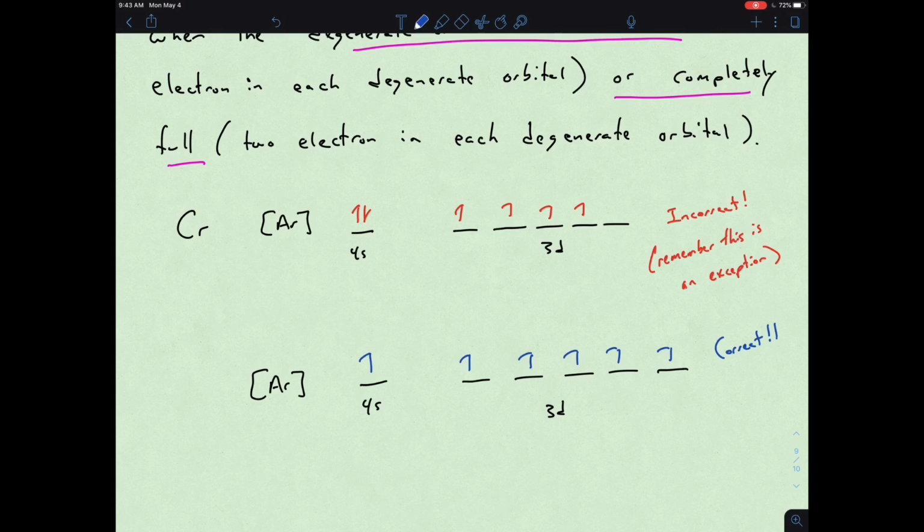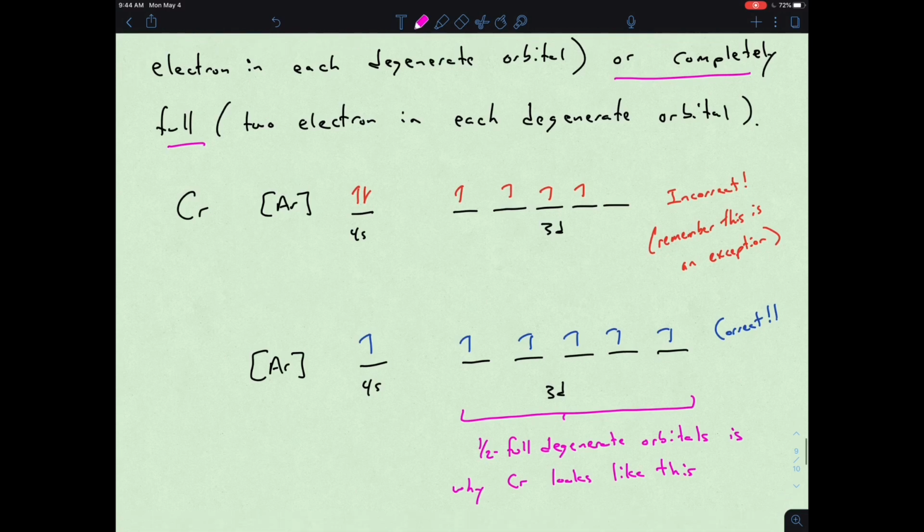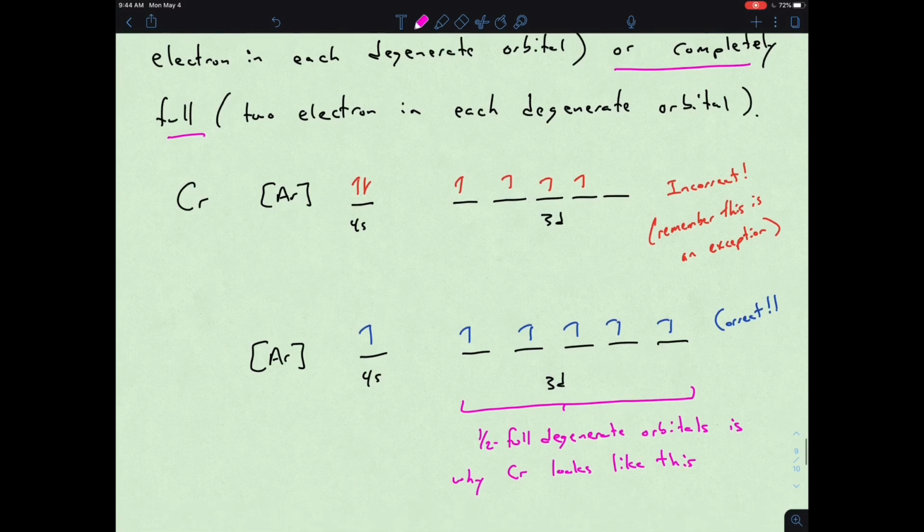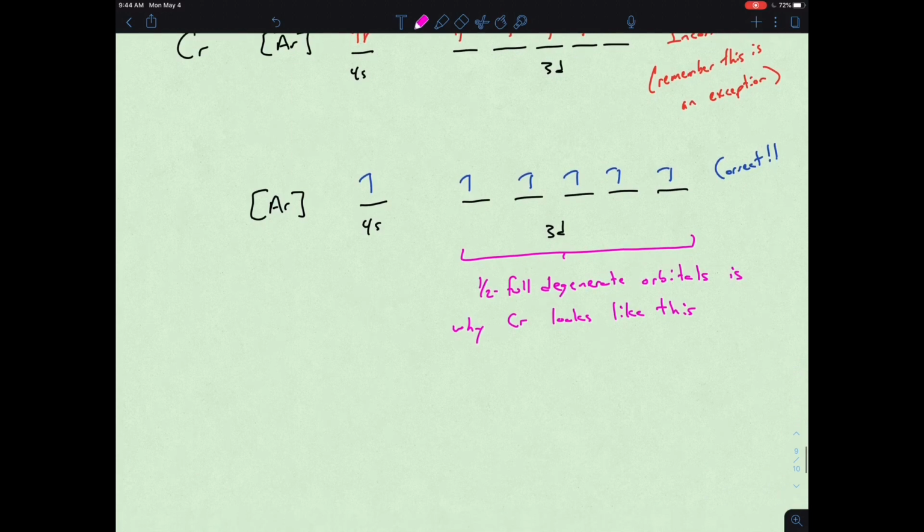And so it's this idea here with this half full degenerate orbitals that is why chromium looks like this. And we can do the same thing with the copper. With our copper, we had the first incorrect one.